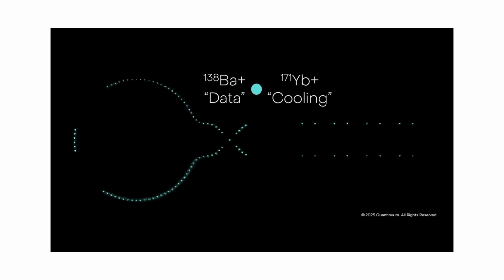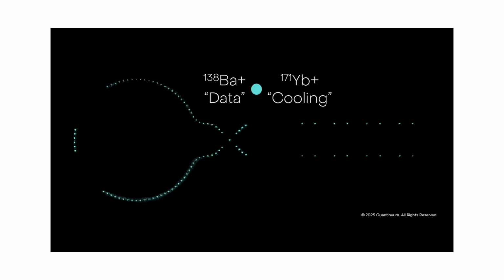What does it mean that the ions are used for cooling? So these things are suspended in a magnetic field. You can apply current and move them around, or you can hit them with lasers to do stuff to them. The problem is this heats up the system, and if your system gets too hot, then your state decoheres faster and you just get noise at the end. So you need some way to cool it down.